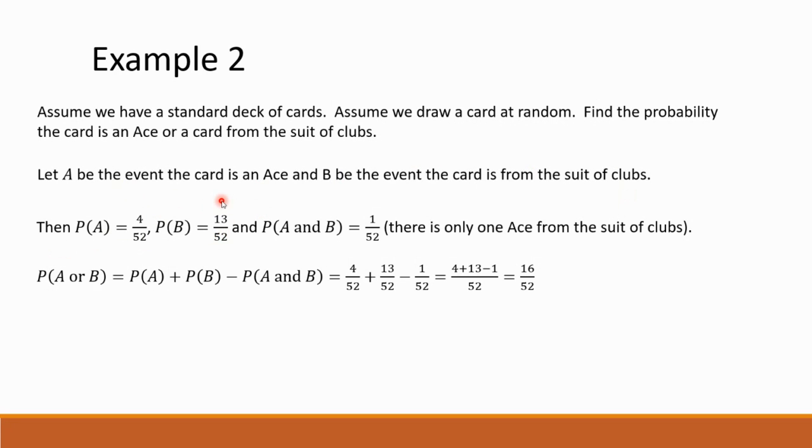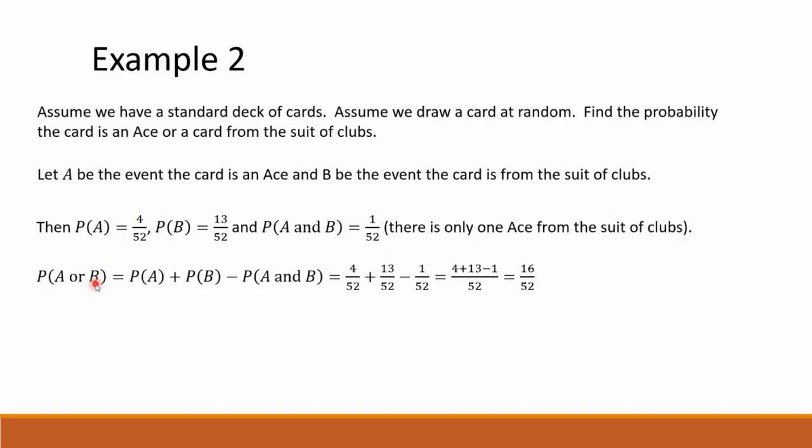Now, about both, we have to consider that. There is an ace that has a suit of clubs. In fact, there's only one. These events are not mutually exclusive. In other words, the probability of both A and B occurring is 1 out of 52, because again, there's only one ace from the suit of clubs.